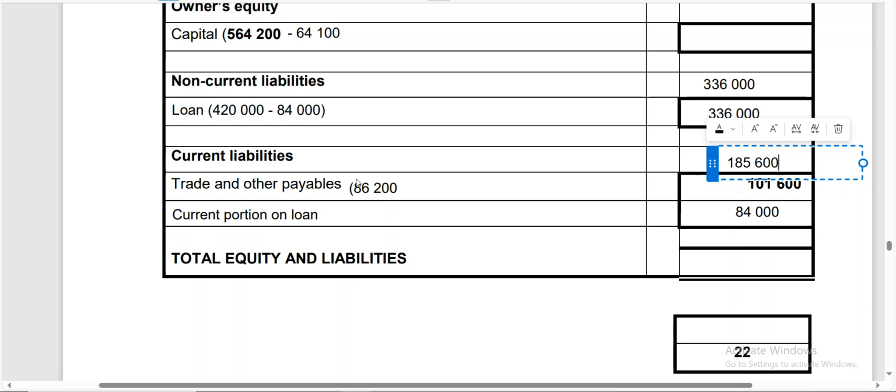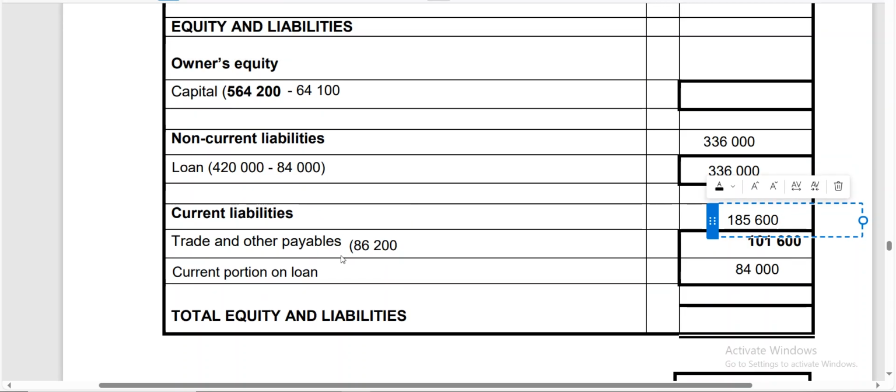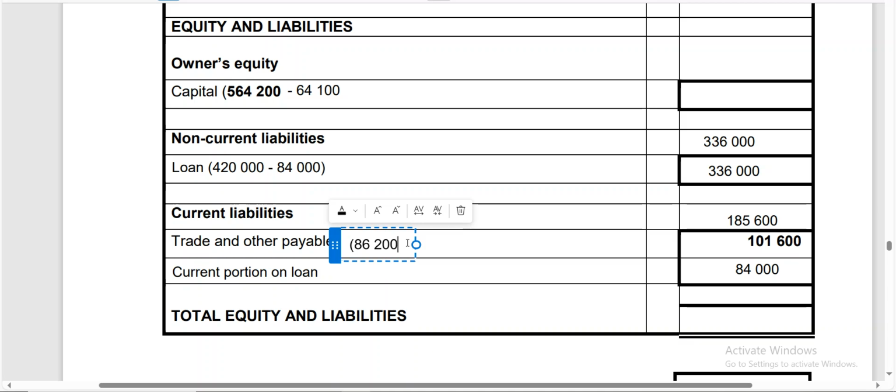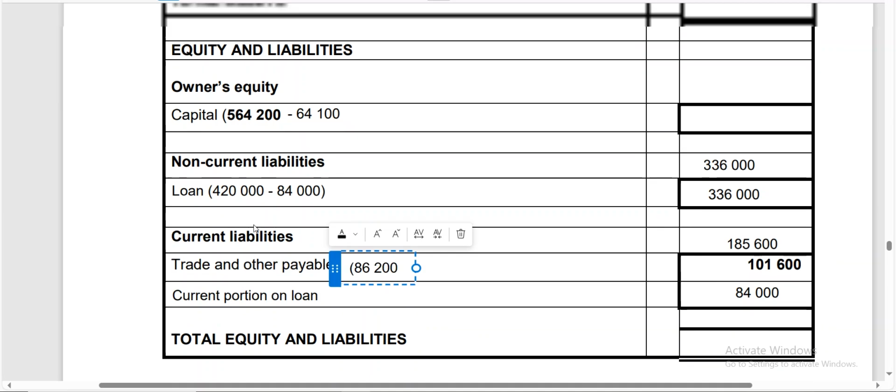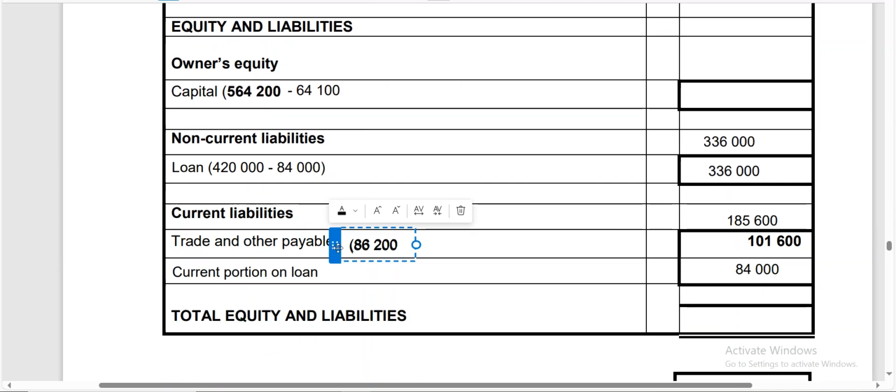But remember, for trade and other payables, I don't know why, but it seems my answers are disappearing. So if you remember, for trade and other payables here, for this 86,000, I remember adding something like 4.3 for water and electricity, and we also added 6,600.